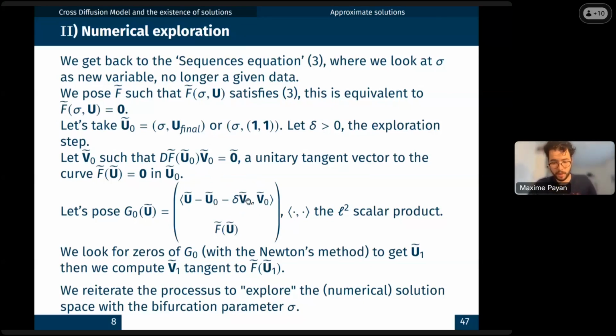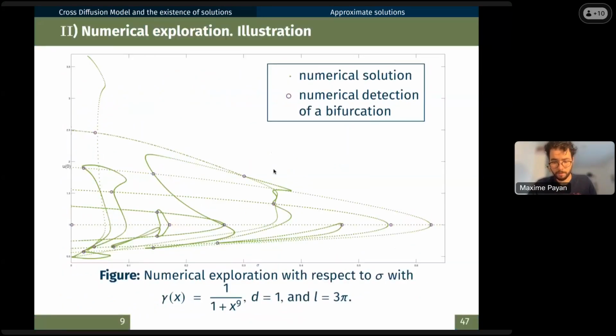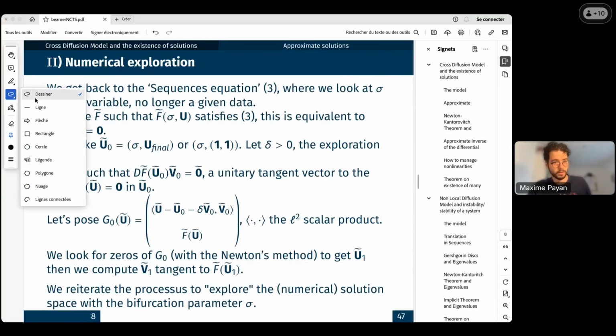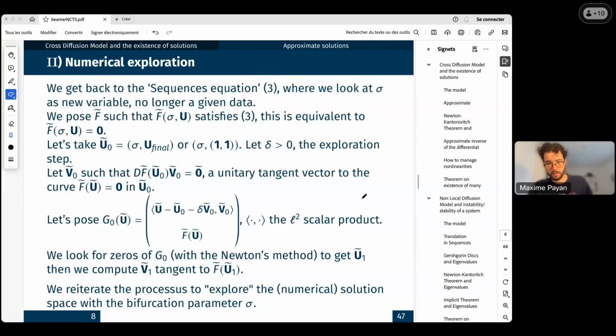I made a little drawing, but I don't have so many places, so I will present to you the next slide.